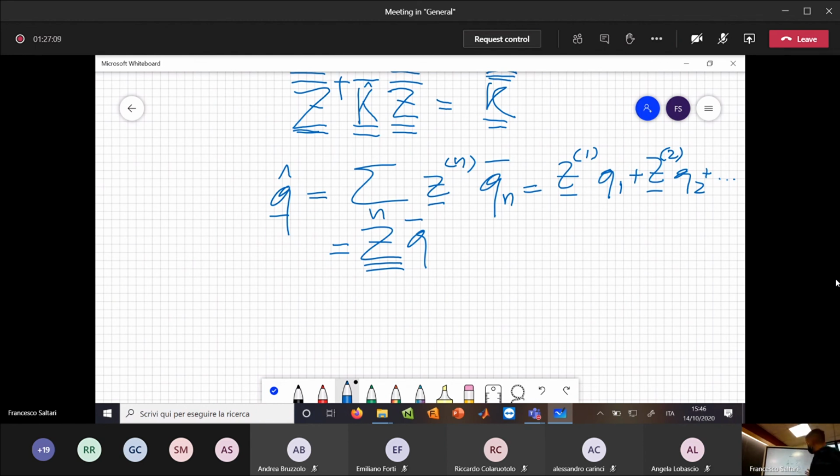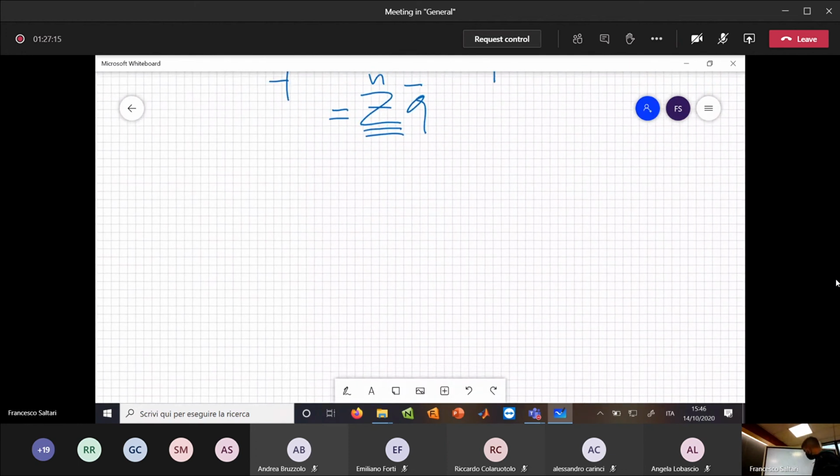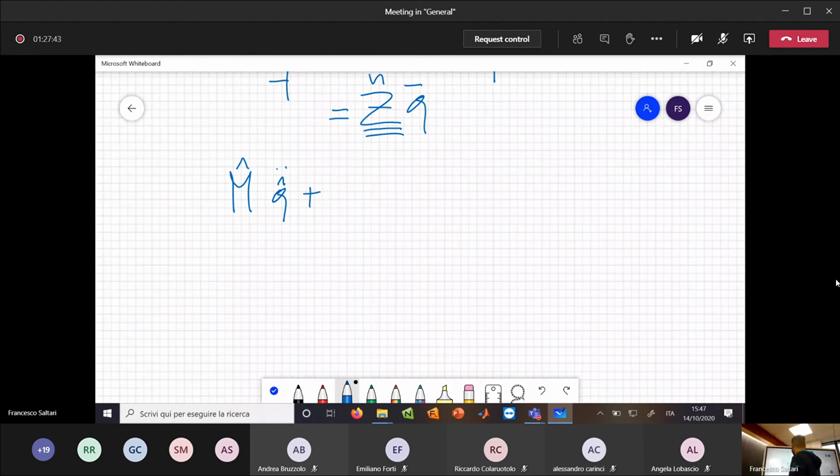Since these eigenvectors have the property to diagonalize the mass matrix and the stiffness matrix, rewriting all the equations for the space discretized structure written in terms of nodal degrees of freedom, we can say that M q double dot plus K q is equal to the external forces.